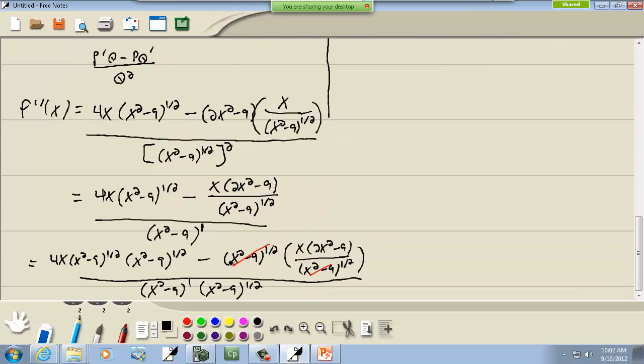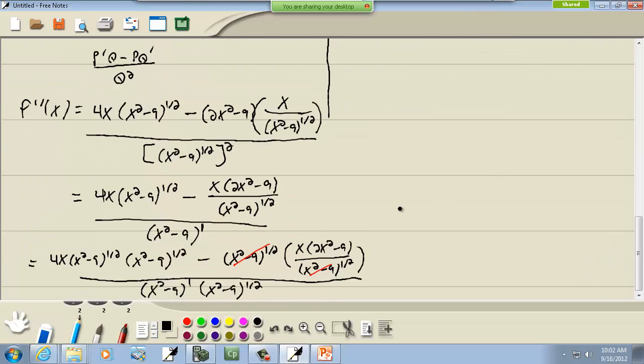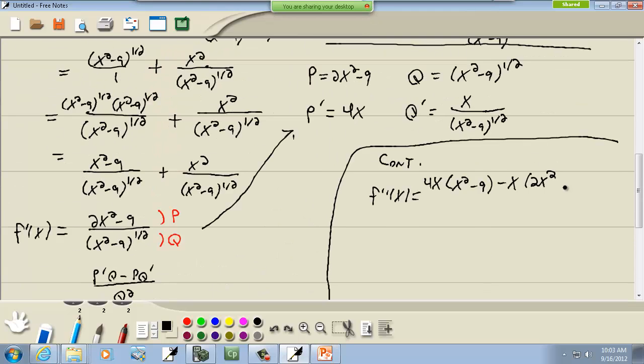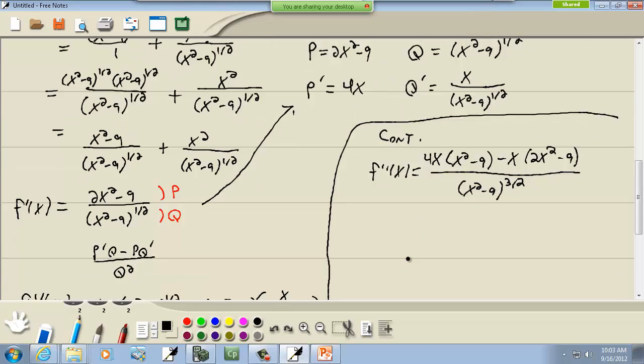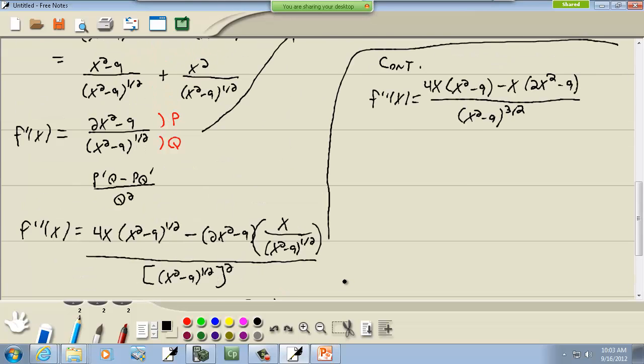Back down to here, we got a negative x and 2x squared minus 9. And then down below we have x squared minus 9, and this would give us 3/2. 1 plus 1/2 gives us 3/2. Remember that they're the same, you add the exponents.